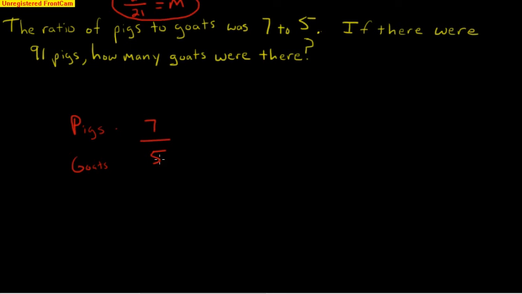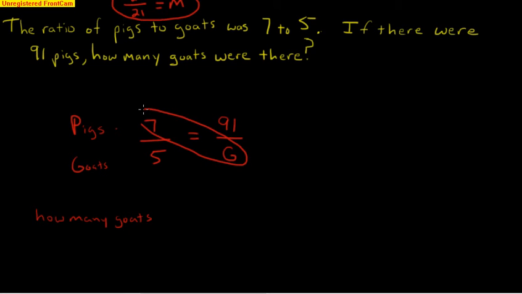For every 7 pigs, there are 5 goats. If there were 91 pigs, how many goats would there be? So we're trying to find out how many goats if there were 91 pigs. So it's going to be proportional. It's going to be the same ratio of pigs to goats. The question is, if the ratio is 7 to 5 and there were 91 pigs, how many goats would there be? We're trying to find this G.